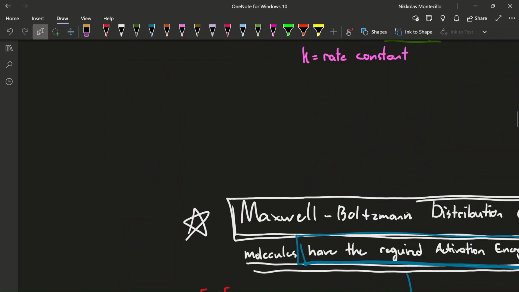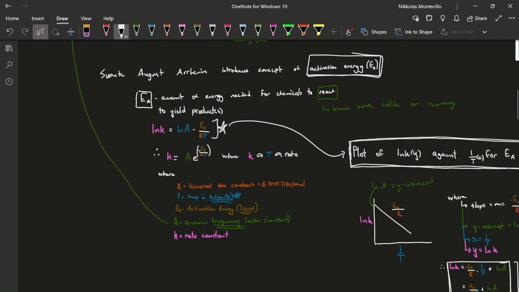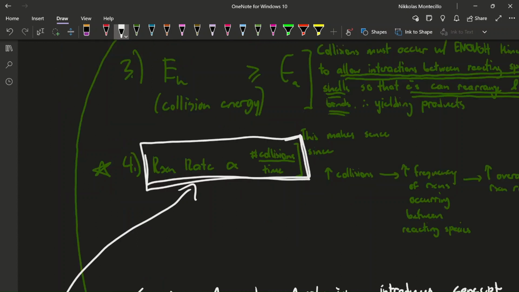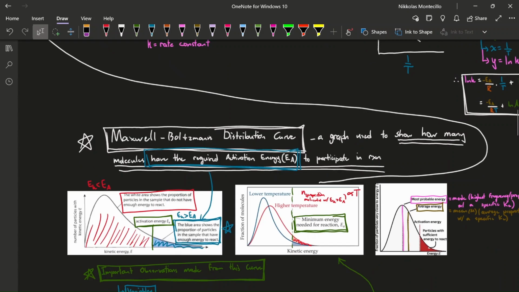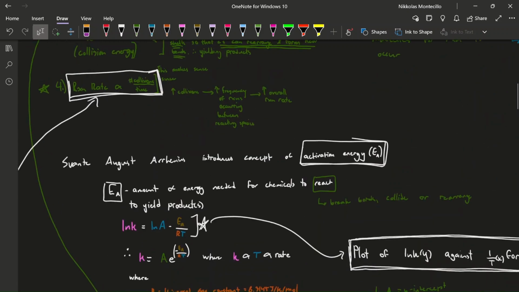Okay, so let's just connect this concept here, where the number of successful collisions based on the kinetic energy being greater than the average energy is directly proportional to the temperature.